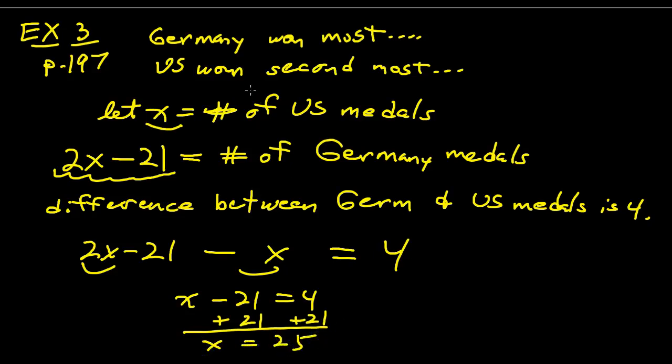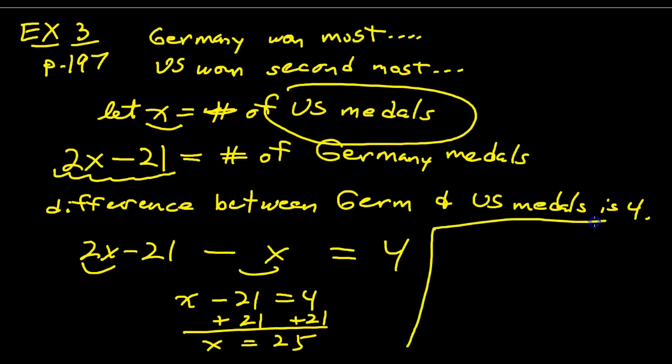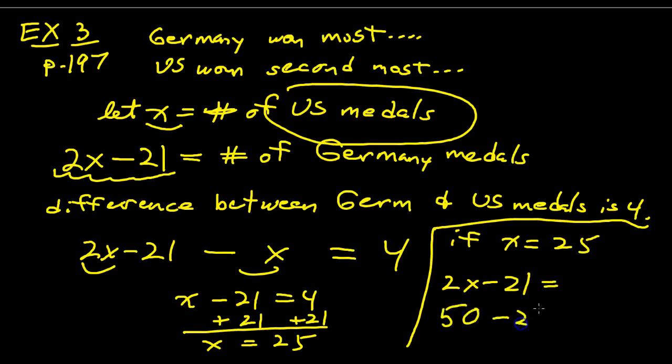Now, X is the number of U.S. medals. We want to find the number of German medals. So we can find that easily now. If X equals 25, the number of U.S. medals, then 2X minus 21, that's going to be 2 times 25 is 50 minus 21.